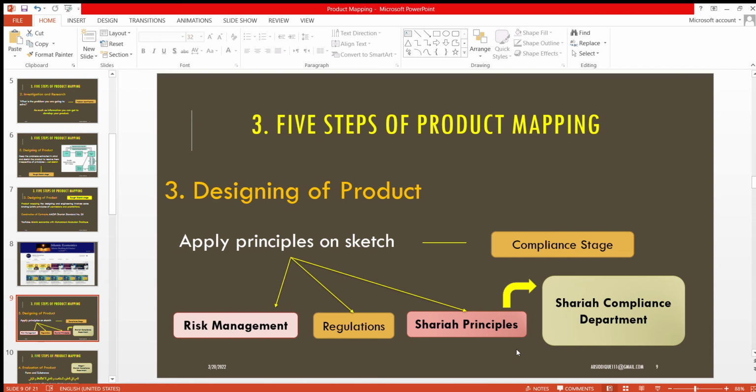The regulation department will apply the regulations to see how this product can be made compliant, and the SCD will apply Sharia principles and check whether there is any violation of Sharia principles or not. They will just confirm it.